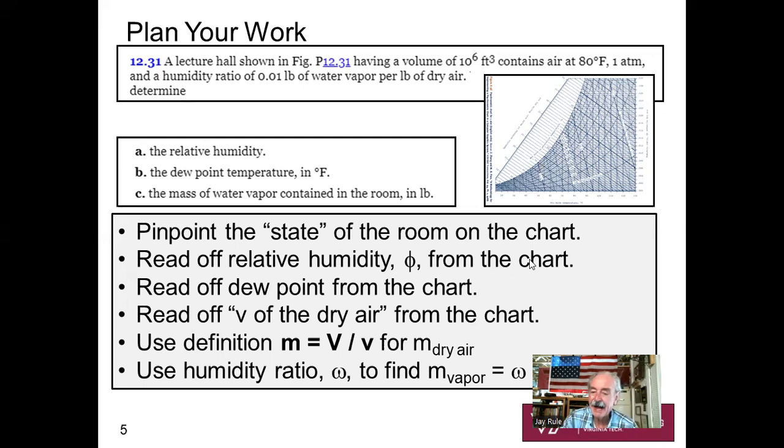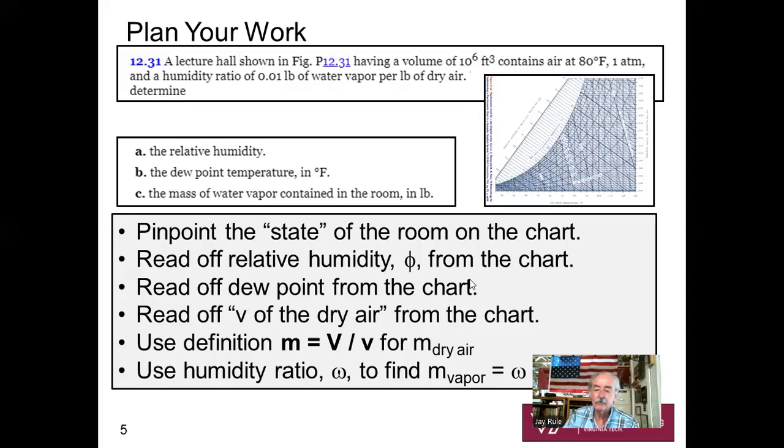So the higher the relative humidity, the more clammy you feel, the more humid it feels. When relative humidity is low, kind of like in Arizona, air's nice and dry. It doesn't feel so clammy, right? So the relative humidity value is important from a personal standpoint. We're going to be able to read off the dew point directly from the chart.